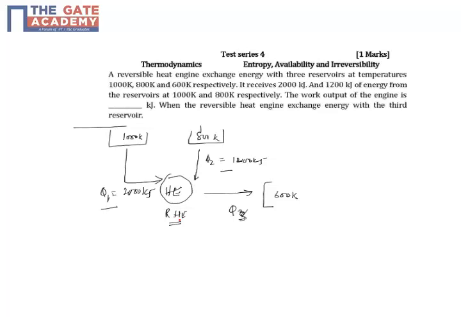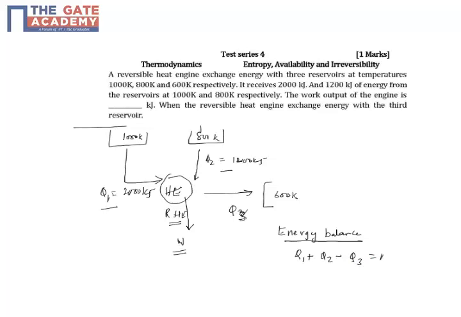Now the work output. It's a heat engine, so it does some work. How do I calculate this? First, from the energy balance, which can be applied to any engine, whether it's reversible or irreversible, Q1 is the heat addition, Q2 is the heat addition, minus Q3 is the heat rejection.